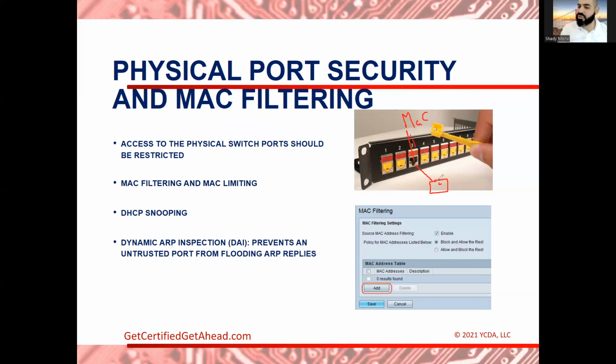Let's say this guy traveled or went outside and his port is still free. If the attacker comes here and tries to connect his computer, even though this port is open, because the MAC address here is different from the MAC address of the attacker's computer, this port will be disabled. And there is no way he will know your MAC address, so he will not be able to spoof it.